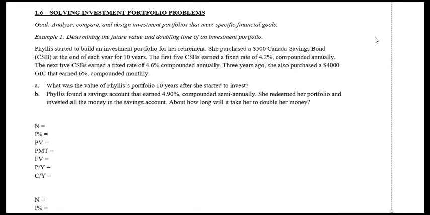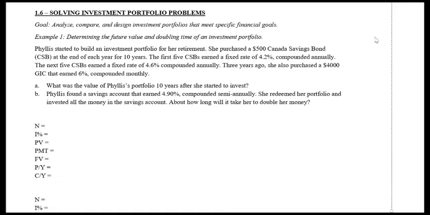We have Phyllis starting to build an investment portfolio for retirement. There are 3 different types of investments. One is a $500 CSB at 4.2% compounded annually. The second is for the next 5 years at 4.6% compounded annually.